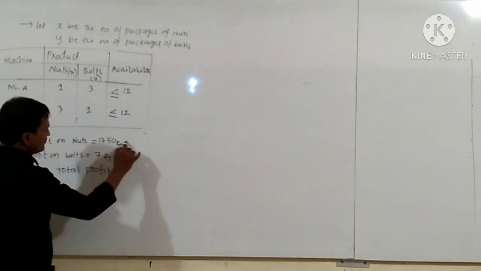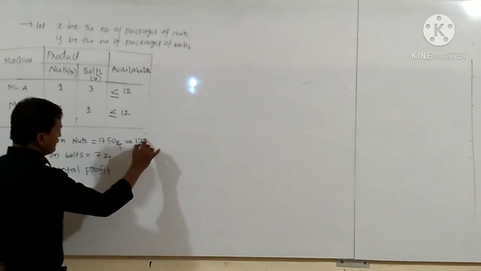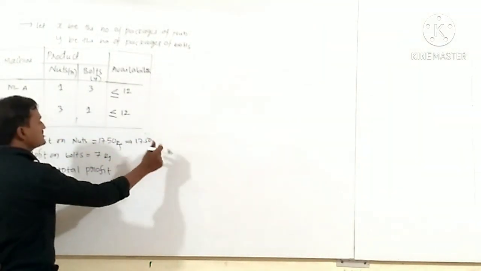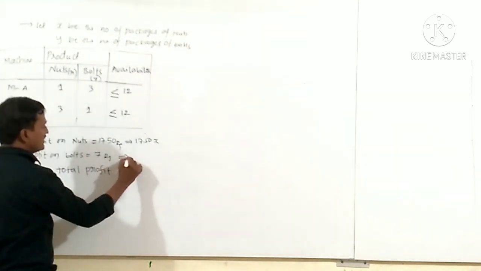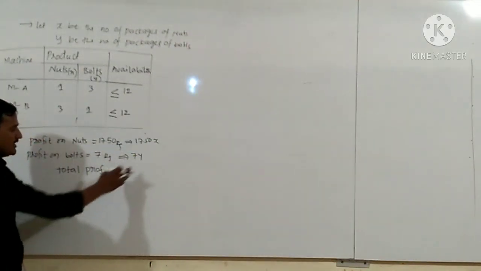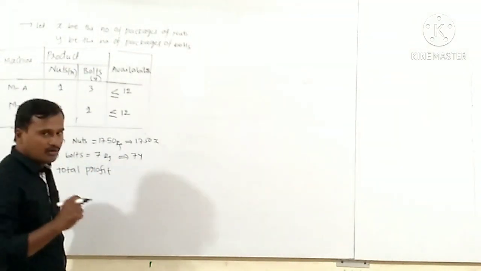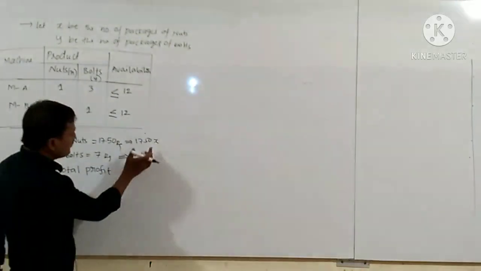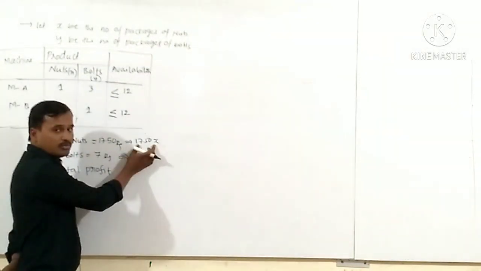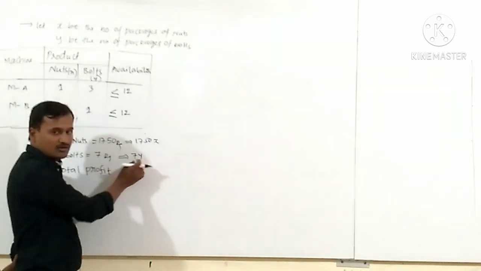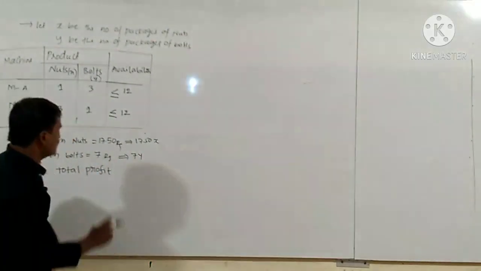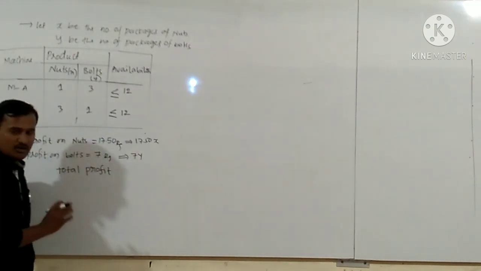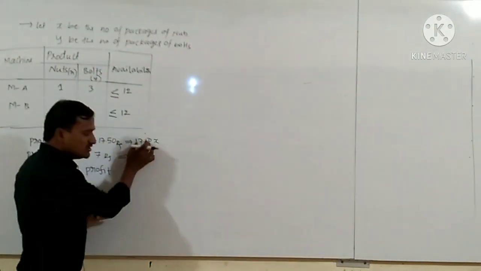We will write 7 × y. Y means y number of bolts, x is nothing but x number of nuts. So this is the profit on x number of nuts and this is the profit on y number of bolts. So then what is the total profit? This is also profit, this is also profit. Total profit means we should add these two, right.